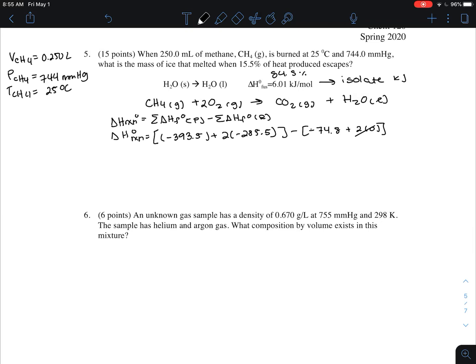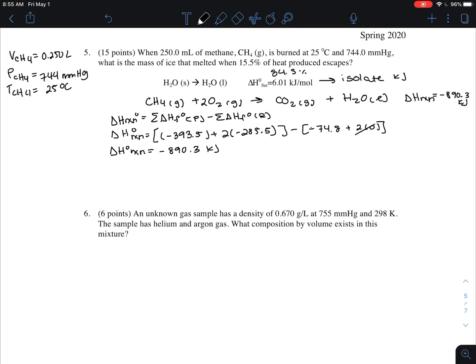So 2 times 0 cancels out, and then you calculate that the heat of the reaction is equal to negative 890.3 kilojoules per mole, or just kilojoules, right? That's the unit. But when we write a reaction, we can say the heat of the reaction here is equal to negative 890.3 kilojoules, which applies to every stoichiometric coefficient of the reaction.